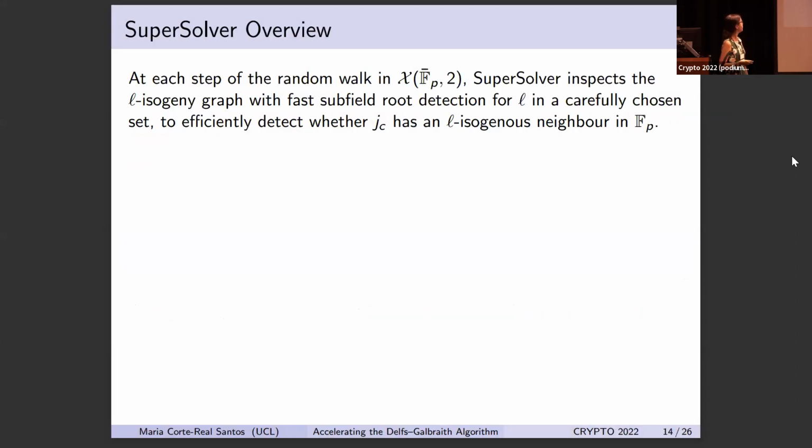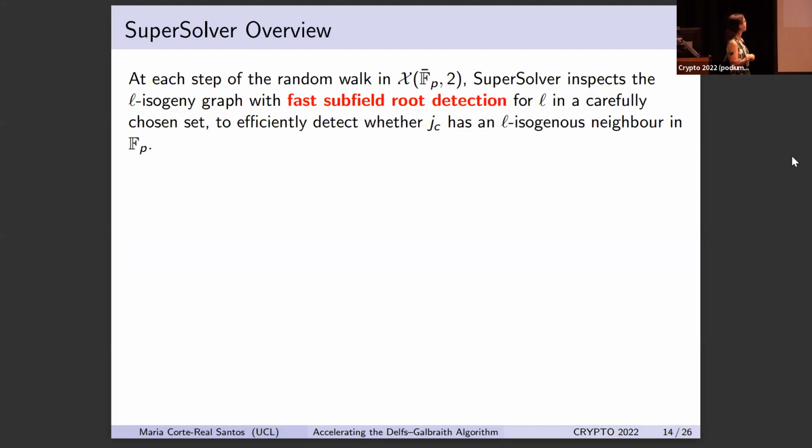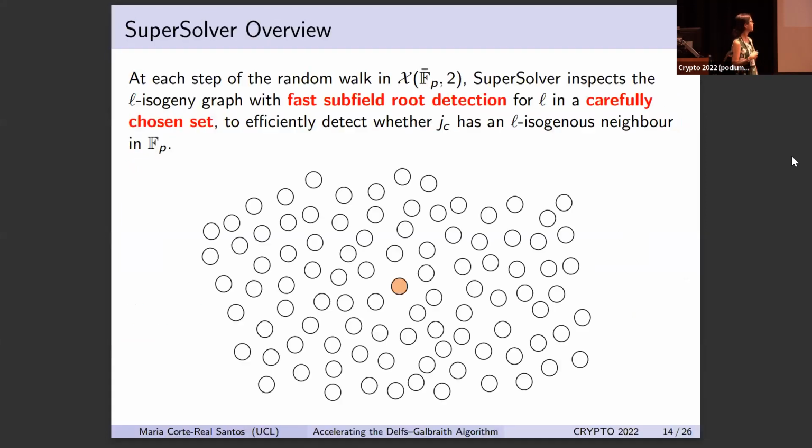So as an overview, at each step of the random walk, SuperSolver will inspect the L-isogeny graph using this fast subfield root detection, and it will do this for L in some carefully chosen set. The animation isn't working, but you can do this for L in a carefully chosen set to efficiently detect whether the current j-invariant has an L-isogenous neighbor in FP.